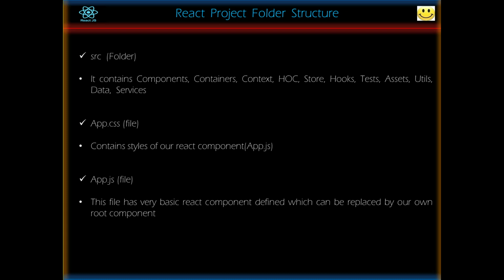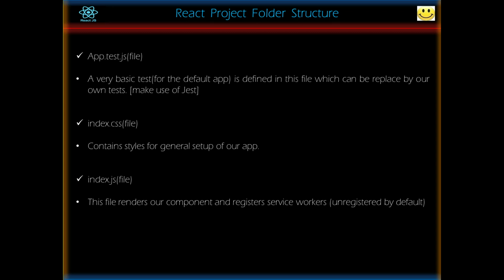App.css file. It contains styles of our React component App.js file. App.js file. This file has a very basic React component defined which can be replaced by our own root component. App.test.js file. A very basic test is defined in this file which can be replaced by our own test.